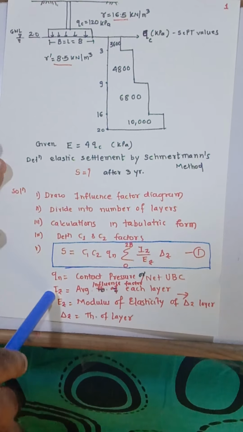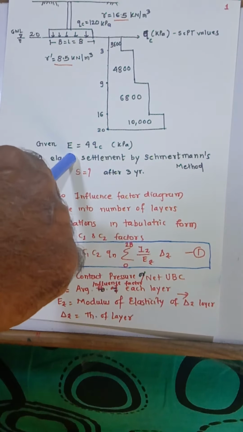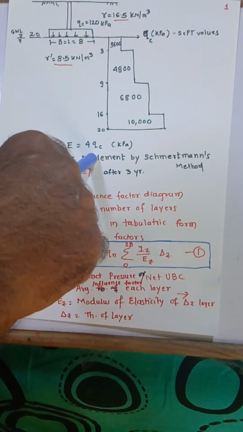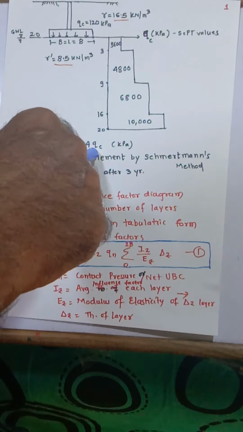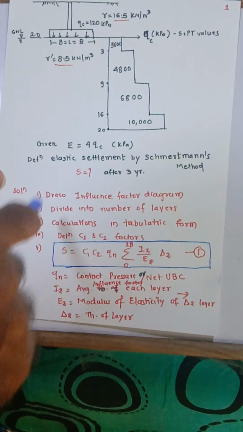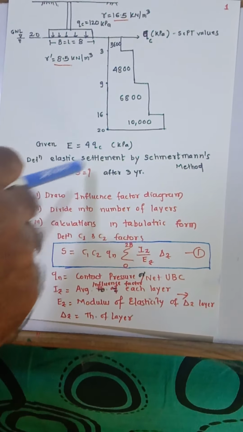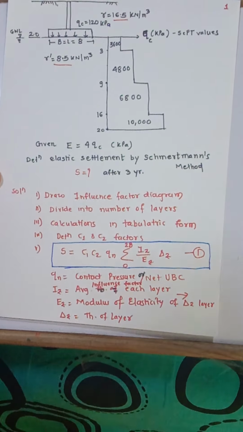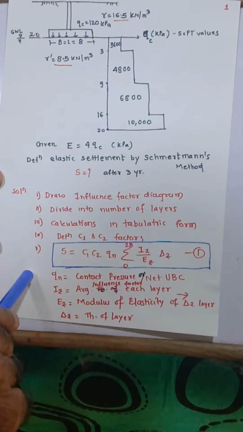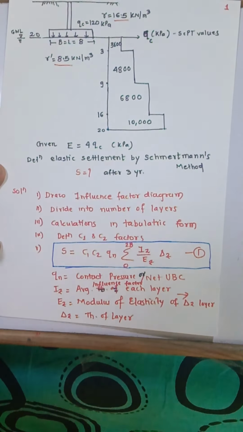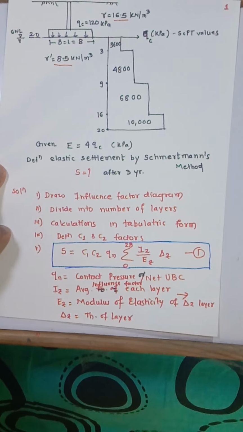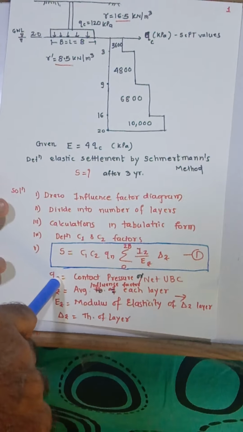Especially it is given here that the E value obtained from the results of the SCPT test is 4 times qc. Otherwise, as we discussed earlier, this value can be directly taken as 2.5 to 3.5 times qc.